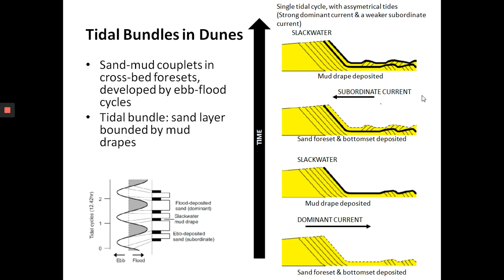So these sand-mud couplets in crossbed foresets are developed by the same tidal cycle. You get these things that we call tidal bundles. These are the sand layers which are bounded by the mud drapes. So that's a single tidal bundle.